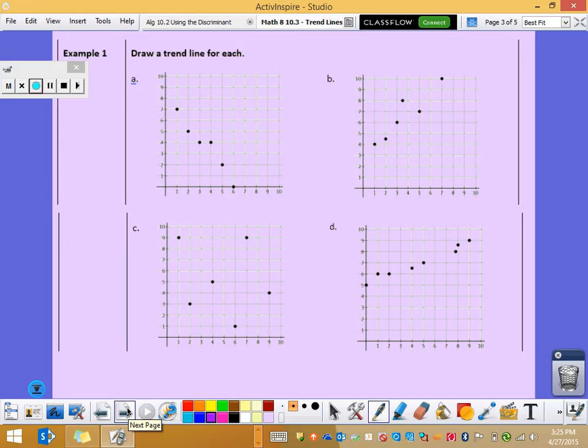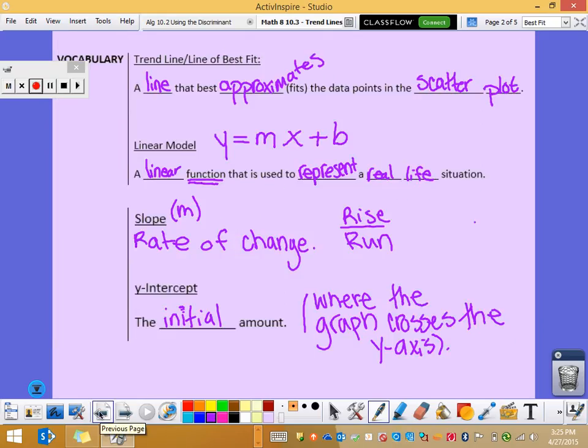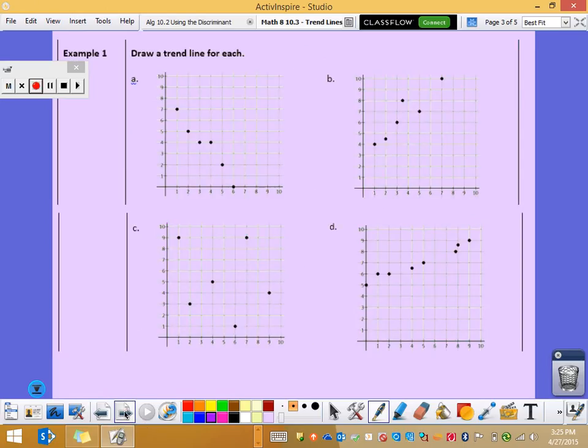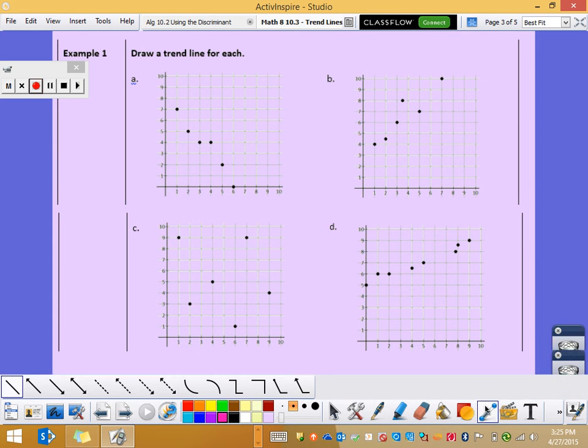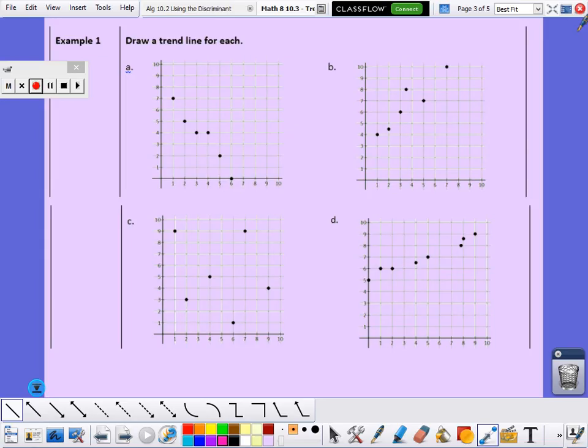Okay, for our first example, we're going to draw some trend lines, and your answers are going to vary here. But a trend line, if we flip back, is a line that best approximates or best fits the data points in the scatter plot. So we're trying to find, with this first scatter plot, what's a line that would best represent all of those points. Obviously we can't draw a squiggly line through each and every one of those points.